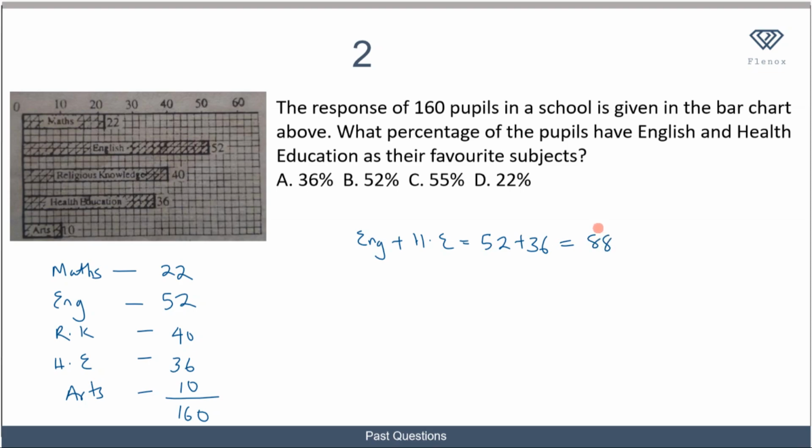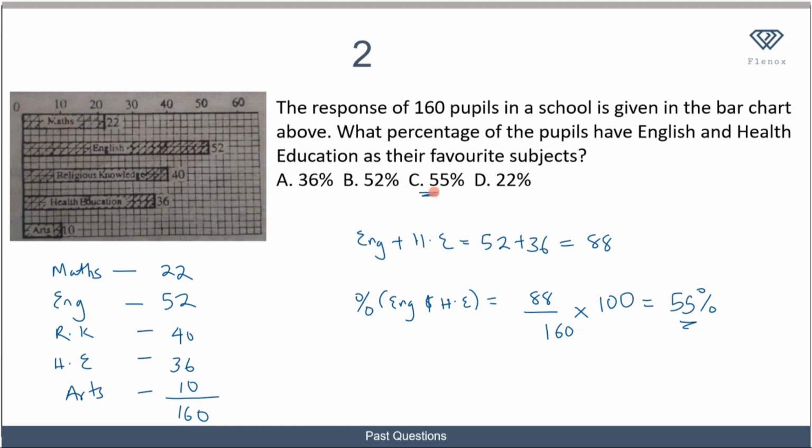So now we just have to represent 88 of the total number, which is 160, in terms of percentage. So the percentage of English and health education will just be equals to 88 over the total number, which is 160, then times 100%, and that gives us 55%. So the correct option to this question is option C.